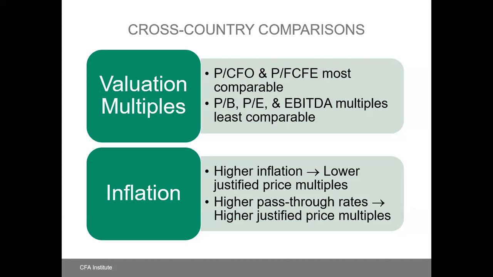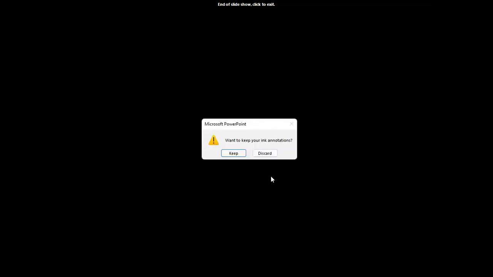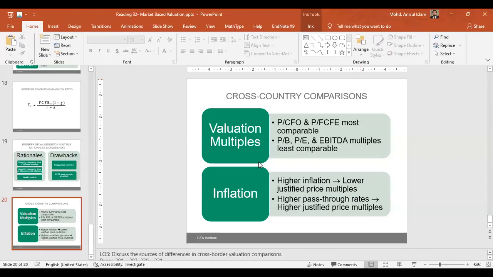In addition to that, there will be differences in terms of the currency. So the currency needs to be adjusted, and for inflation, the multiples need to be adjusted. So this is some higher level discussion, and for the sake of time, we are not spending time here. Okay. So that is all for market-based valuation.